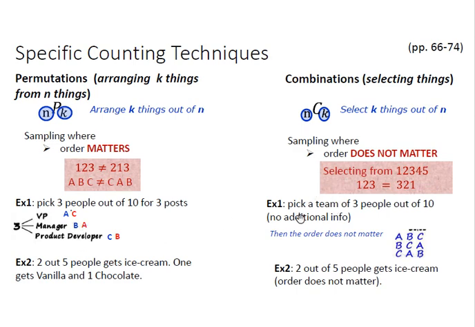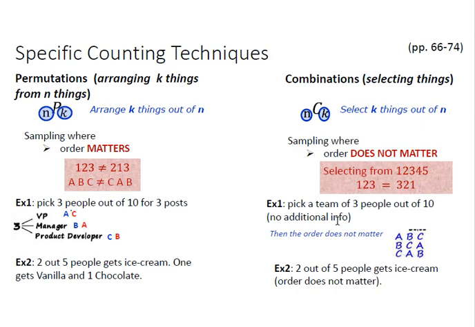Now look at this example. Pick a team or group of 3 people out of 10. Again, keywords: team, group. As I told you before, if I give a project to Jack and Mari, it's the same as a situation that I give a project to Mari and Jack.